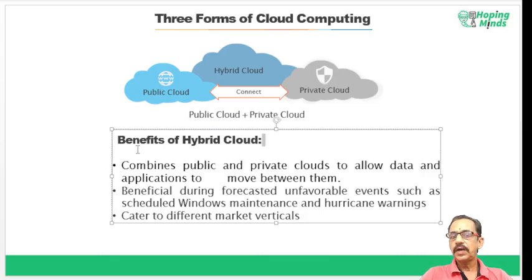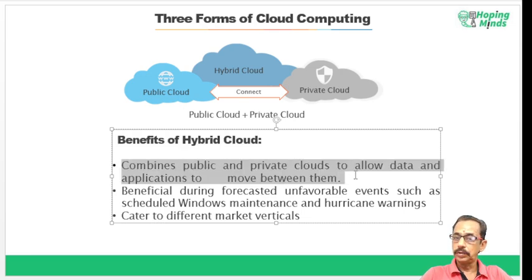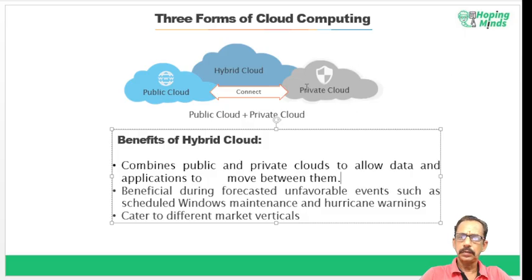What is the benefit of hybrid cloud that we get here? Combining public and private cloud allows data and applications to move between them. I have some data in my private cloud, but I want to store more data on the public cloud, or any application. I want to use the database from my end, and the application should be installed on the public cloud.